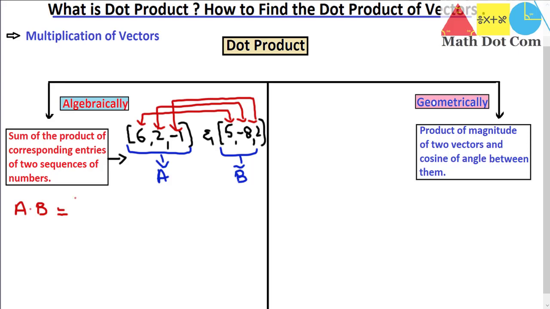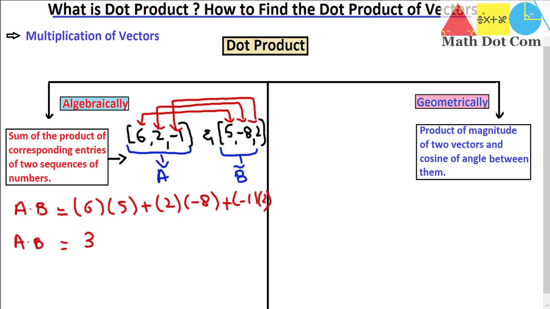So 6 into 5 plus 2 into minus 8 plus minus 1 into 2. If we solve them, we get 30 minus 16 minus 2. So A dot B, the dot product of the two vectors, will be 12.